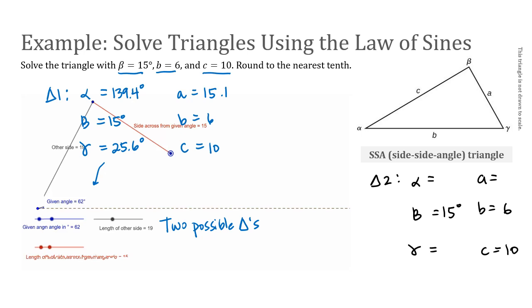Now, when we did it this way, our alpha sub 2 was 10.6 degrees, and the side across from it we determined was 4.24. When alpha was 10.6 degrees, then gamma sub 2 was 154.4 degrees. So two possible triangles in this situation.